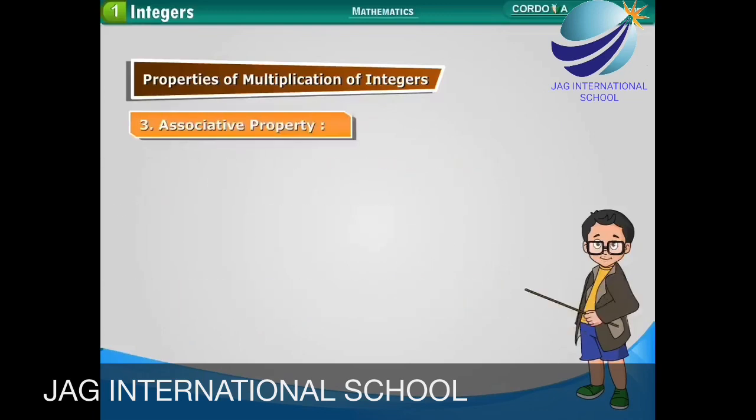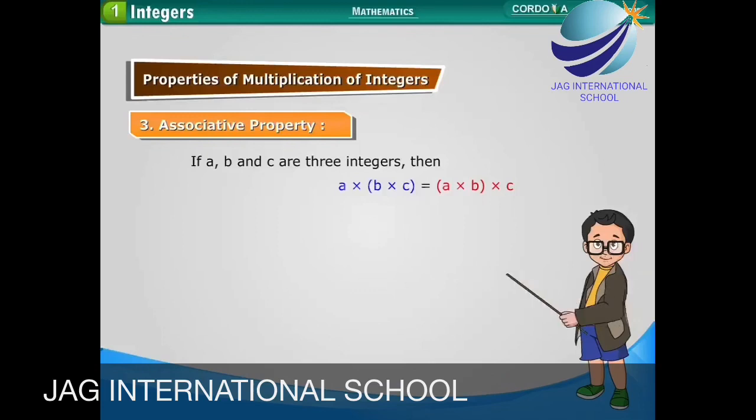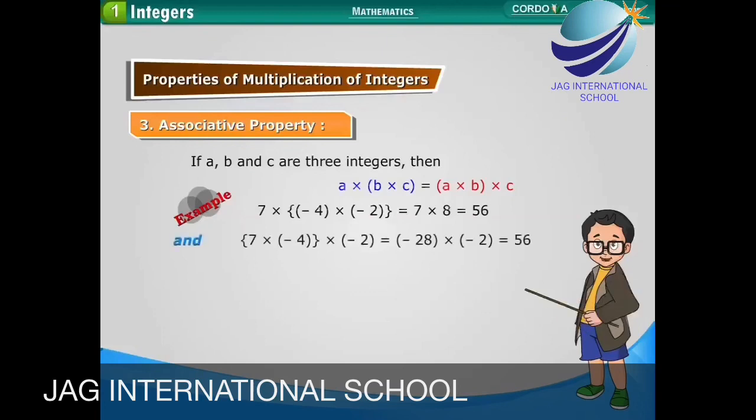Associative property: if a, b and c are three integers, then (a × b) × c is equal to a × (b × c). Example: (7 × (-4)) × (-2) is equal to (-28) × (-2), which is equal to 56. And 7 × ((-4) × (-2)) is equal to 7 × 8, which is equal to 56.